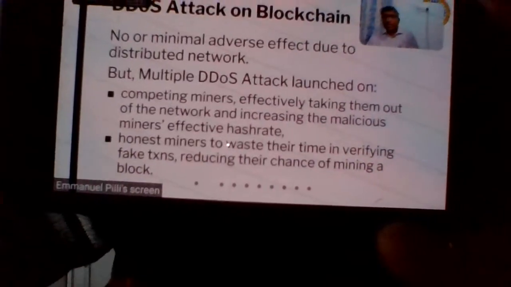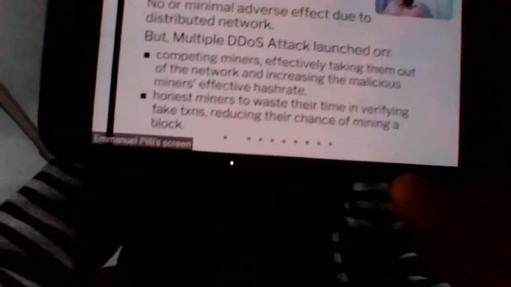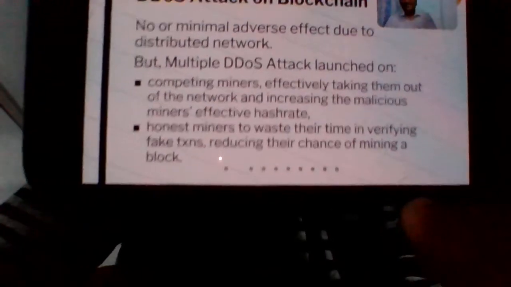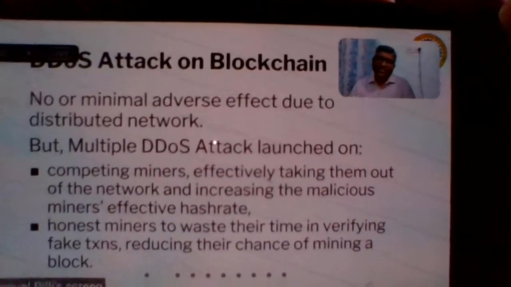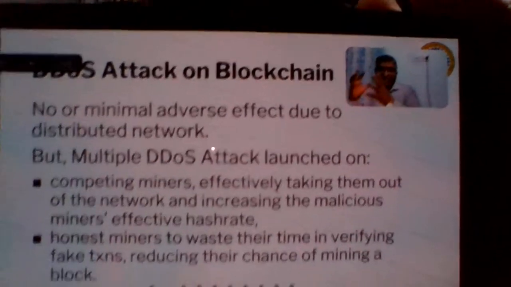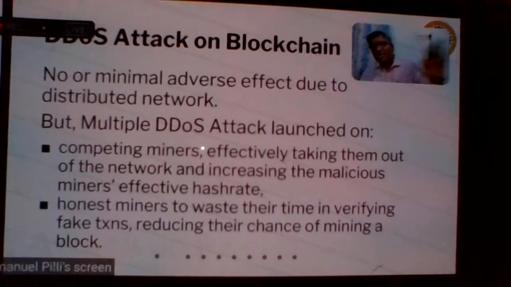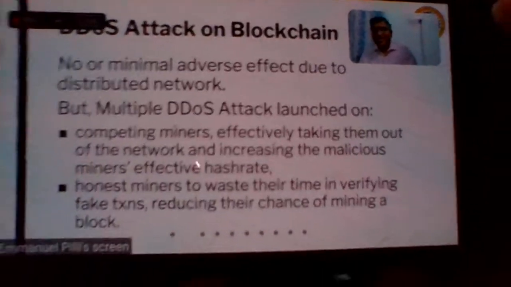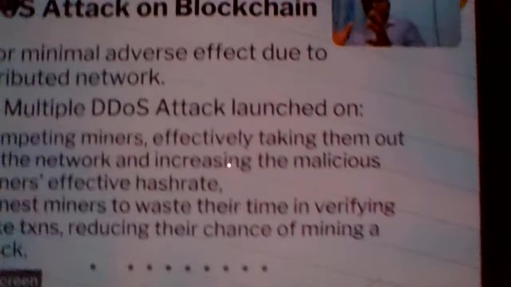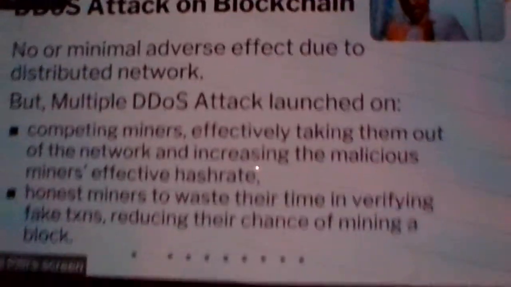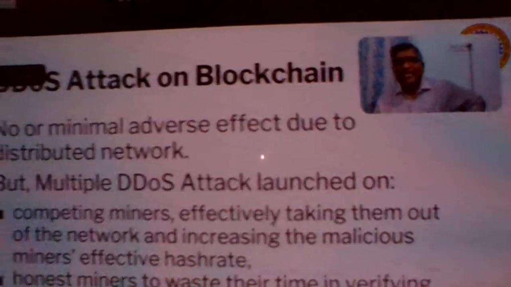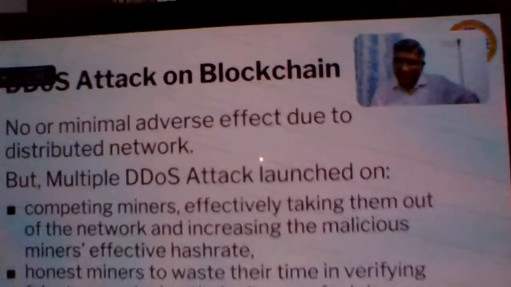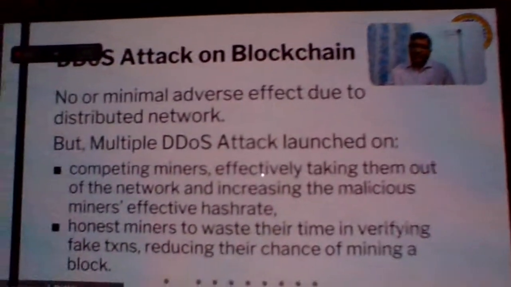Similarly, against honest miners, you put some transactions which are actually waste transactions, right? So you put fake transactions. You know what the fake transactions are, so you don't process them because there is no transaction money there. You take the actual transactions which are not fake, and because you can identify them, you reduce the chance of the others' mining. So that is a DDoS attack.